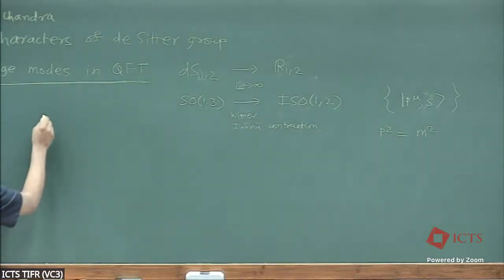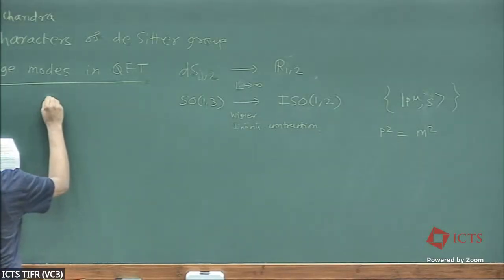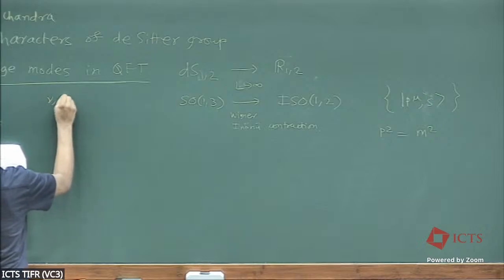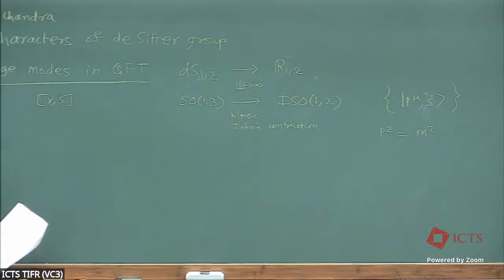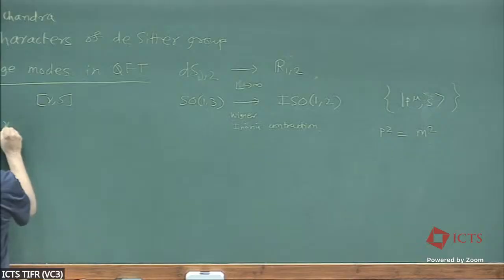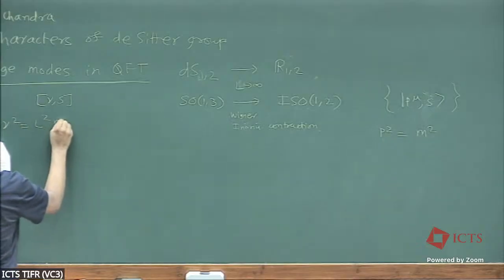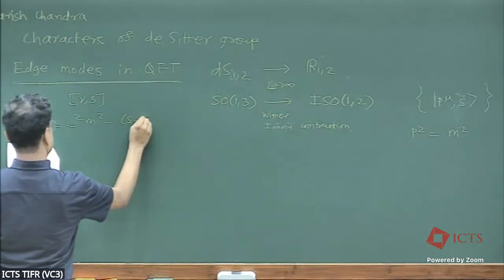Likewise, here, the representation is labeled by nu and s, with the relation that nu squared equals L squared M squared minus (S minus 1) squared.